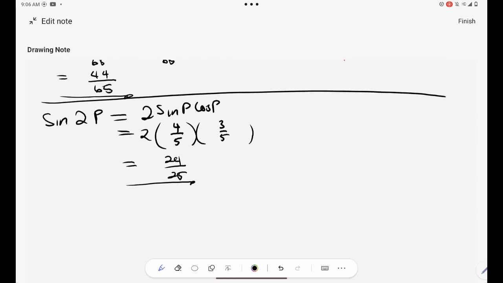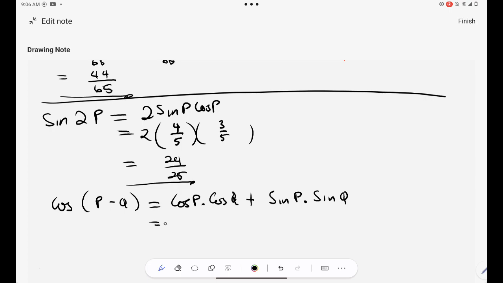Are you together? Then maybe I was asked to find the cos of P minus Q. Same thing applies. Just expand the compound angle. Cos of the first angle multiplied by the cos of the second angle. Since I have a minus there, I'll have a plus. Sine of the first angle multiplied by the sine of the second angle.